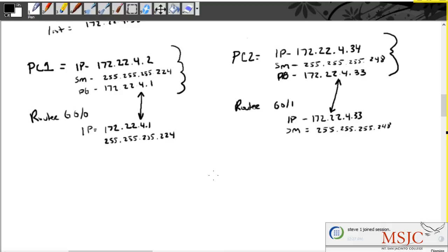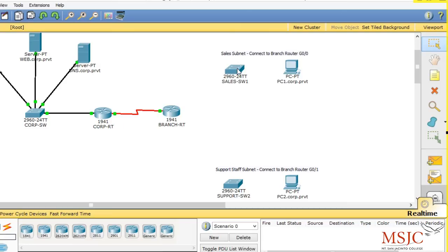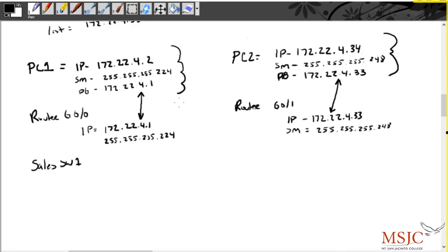The next thing it wants to do is assign an IP address. In this case, it wanted you to assign the last available IP address to the switch. So the sales SW1 switch, and I'll show you, resides in the sales subnet. We're going to assign it the last available IP in the range, which is 172.22.4.30.